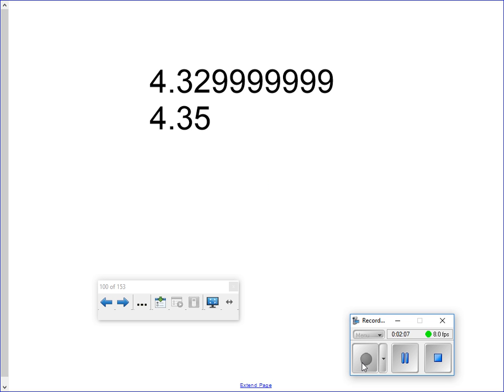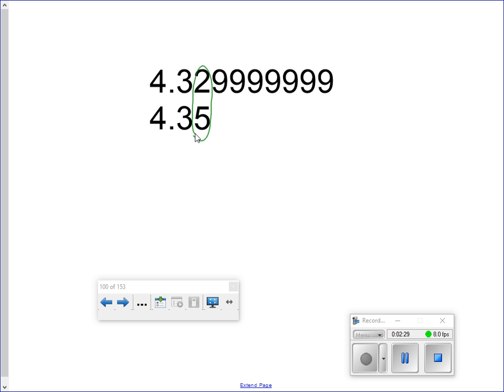Here's an interesting example. Many fifth graders look at these two and they say the top number obviously is larger because it has so many more digits. But if we understand decimal place value, the hundredths is the first place that we find a difference, and 5 is greater than 2.